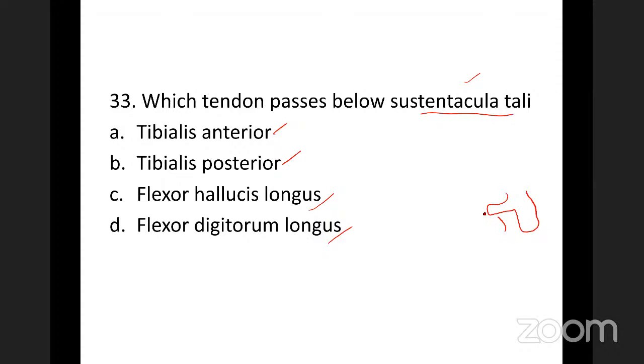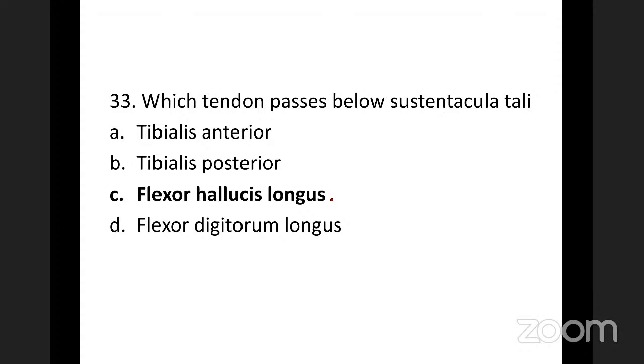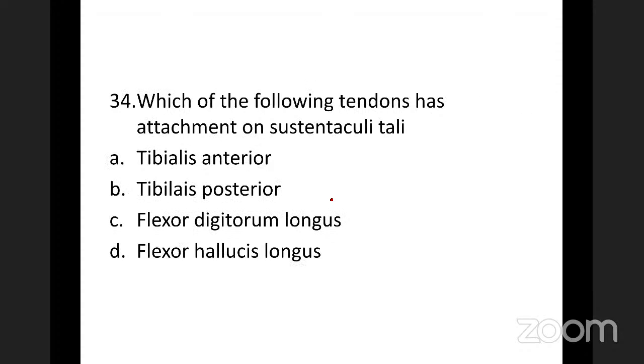The flexor hallucis longus passes below the sustentaculum tali, whereas tibialis posterior passes medial to the sustentaculum tali and gives a tendinous slip to it. So the answer is flexor hallucis longus. Which of the following tendons has attachment to the sustentaculum tali? Now your answer is clear. Tibialis posterior. Yes, very good.